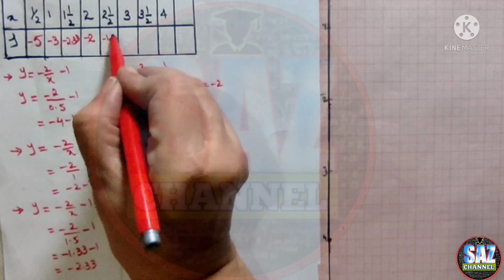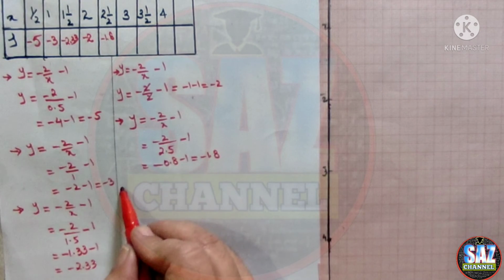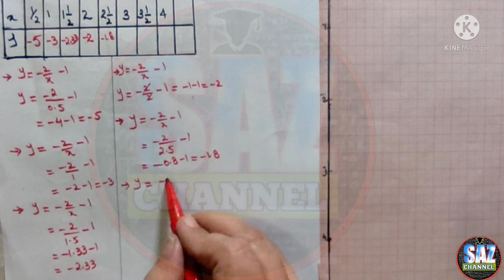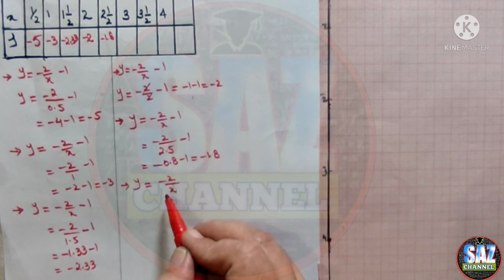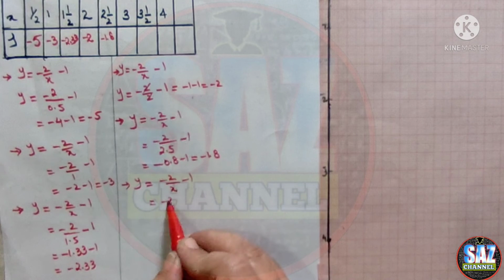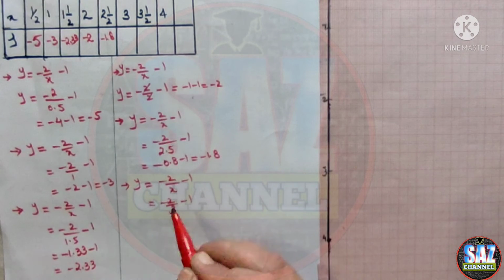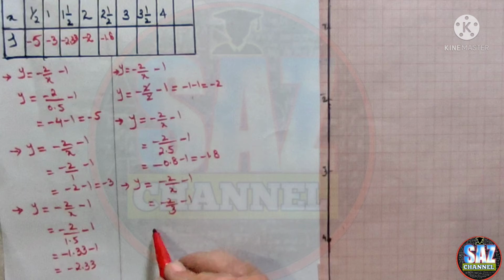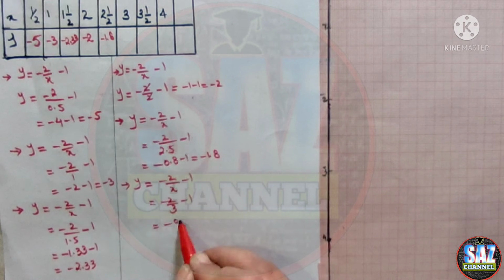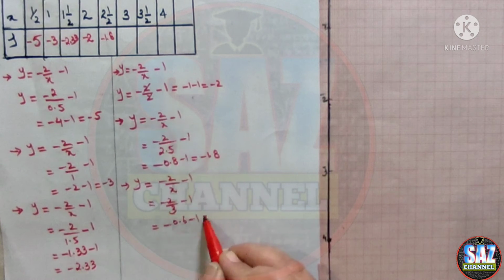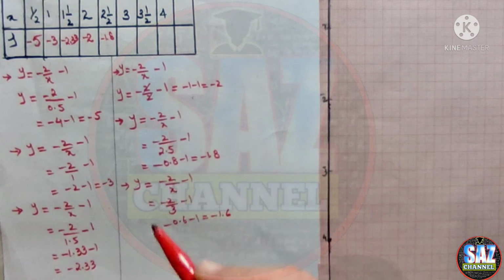Then the next is y equals minus 2 by x minus 1, which gives minus 2 by 3 minus 1. 2 divided by 3 is 0.6, so minus 0.6 minus 1, and it will give me minus 1.6.